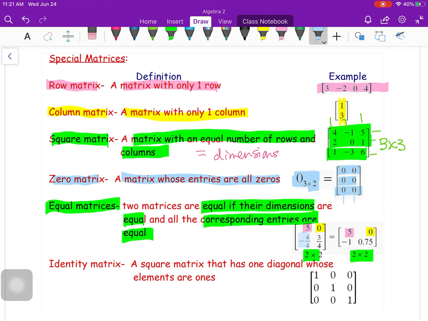The next entry in row 2, column 1 is negative 4 divided by 4, and that is equivalent to negative 1. And then the last entry is 3/4, which is equivalent to 0.75. So the key here is that every corresponding element is equivalent.